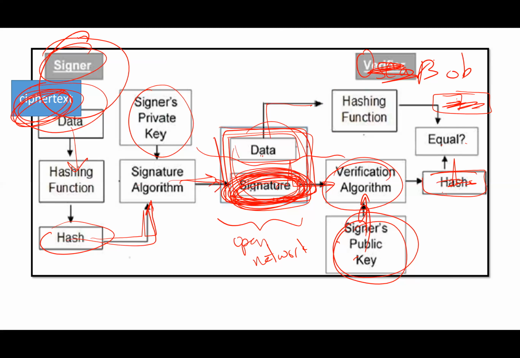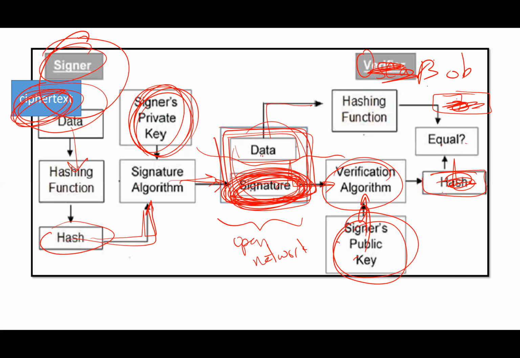Why? Because the signer is the only one that has his own private key, okay? So it is authentic, okay? It came from the right person and it wasn't changed, because if it was changed, the hash would have been different. This hash and this hash would have been different, okay?